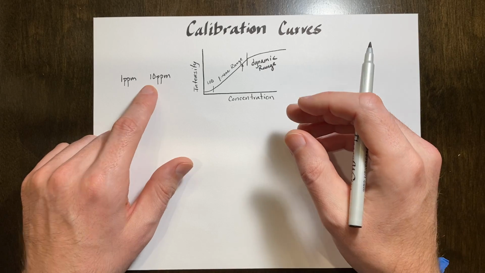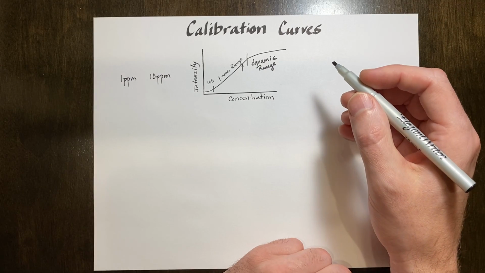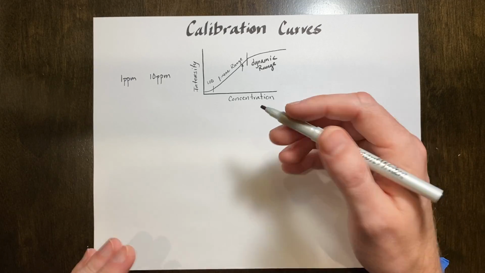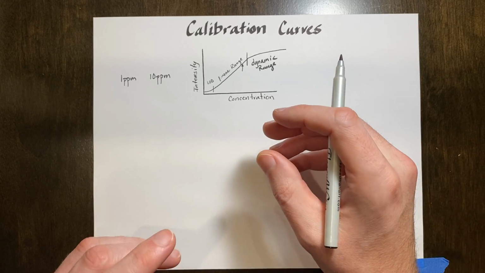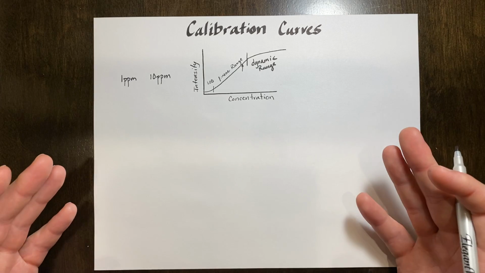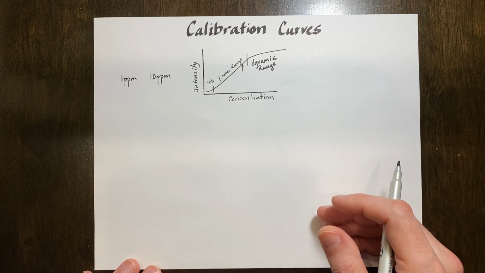I probably don't have a 10-liter volumetric flask. So we don't want to do that. What we would rather do is have a much smaller volume. So let's go through a better way to make the calibration curve.